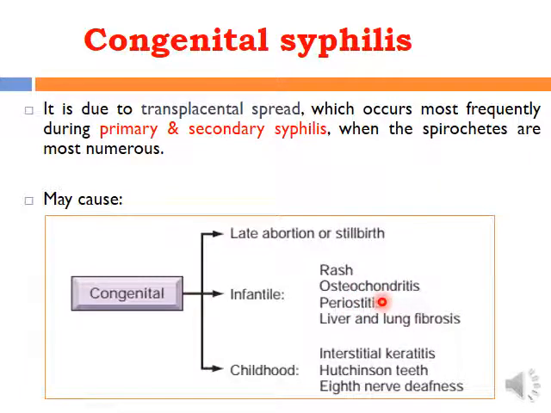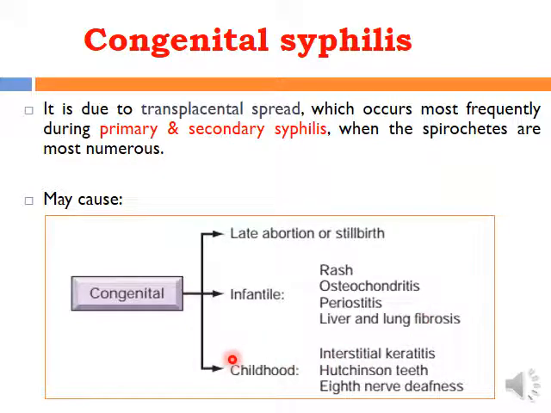Osteochondritis and periostitis are responsible for bone changes and usually involve the bridge of the nose, leading to a saddle nose appearance, damage to the bridge of the nose. They also involve the tibia, where perforation of the periosteum leads to subluxation. The liver and the lungs of these infants usually develop much fibrosis, and subsequently there is decrease in their function.